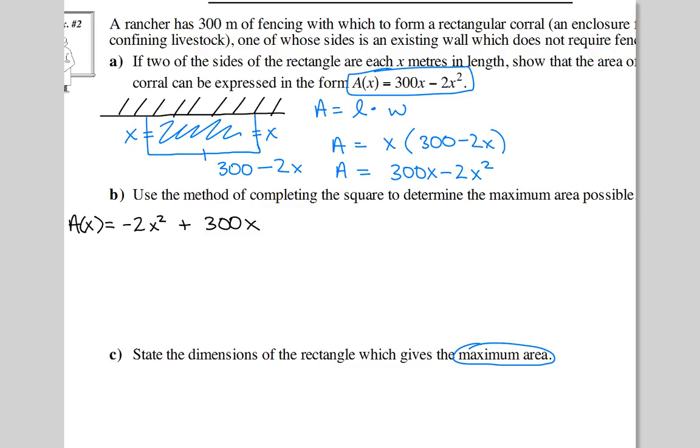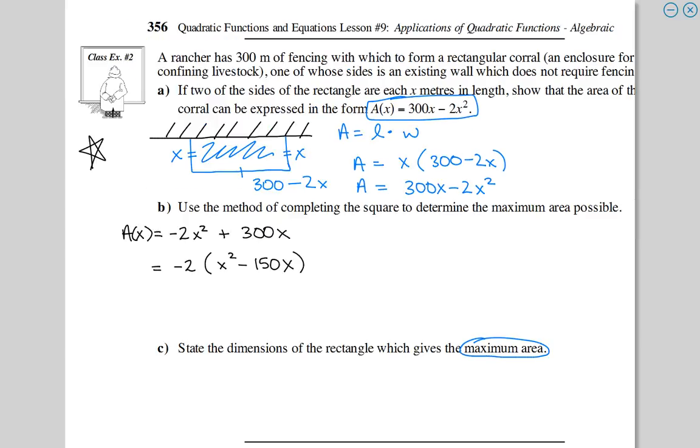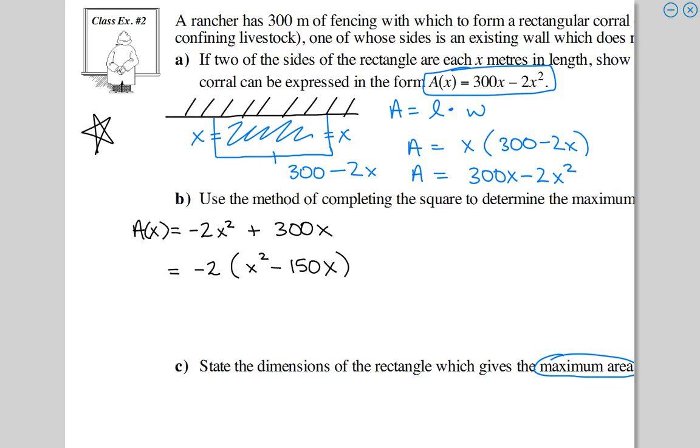What do we do with that a value? Take out minus 2 only. What does 300 become? Good. Now we complete the square on 150. So what do we do with the 150?